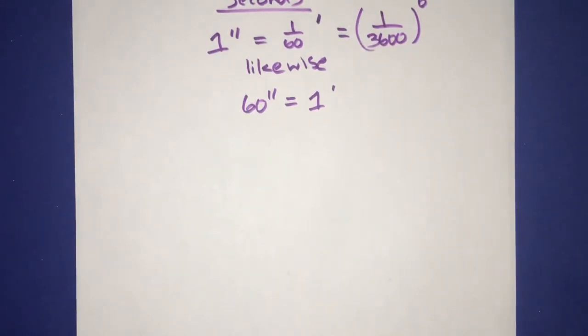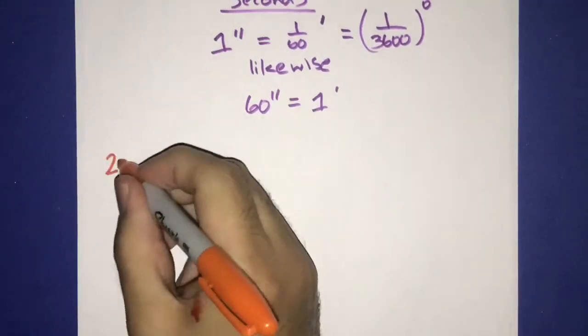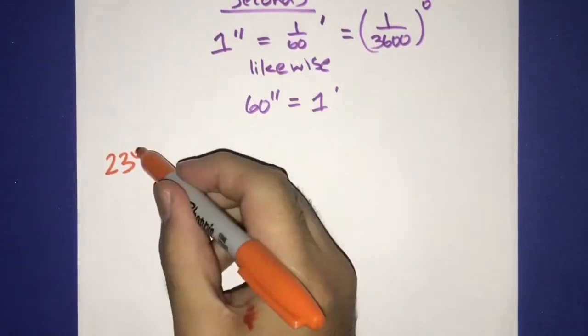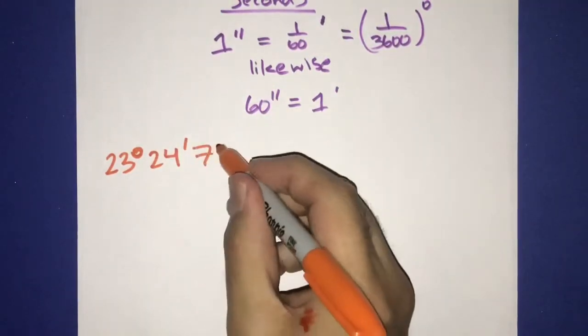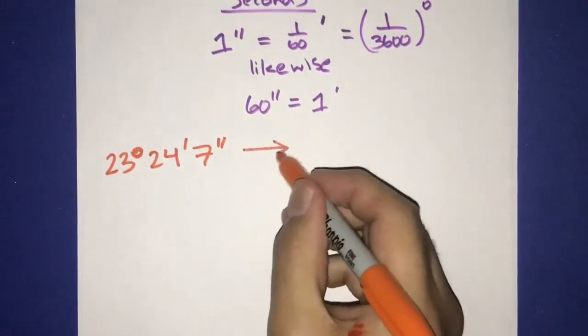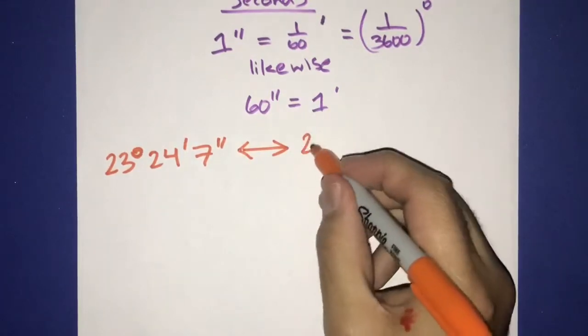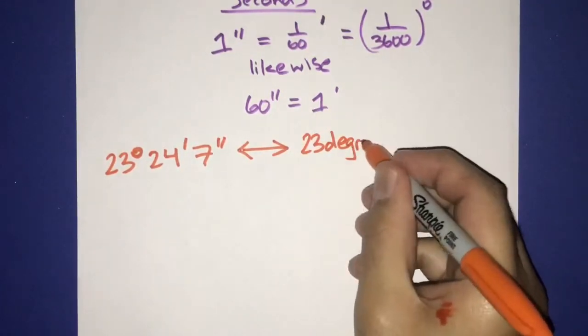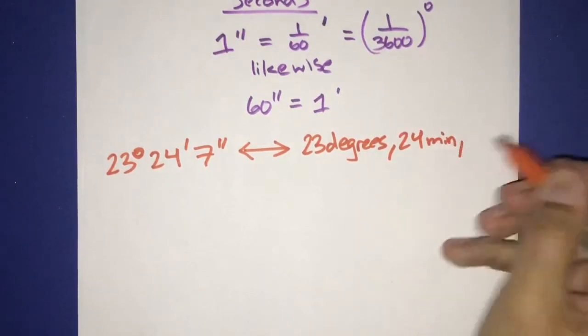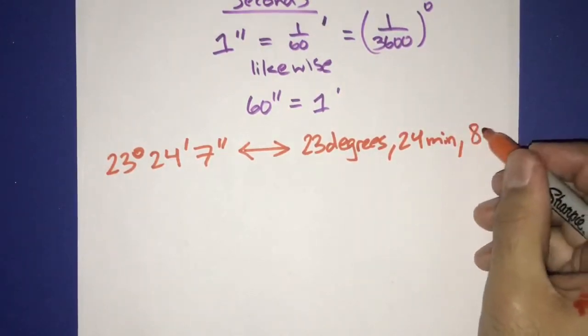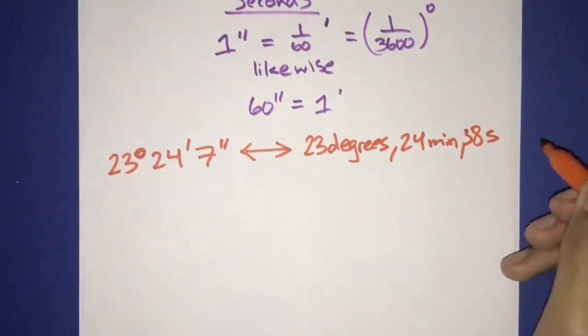Say we have 23 degrees, 24 minutes, and 38 seconds.